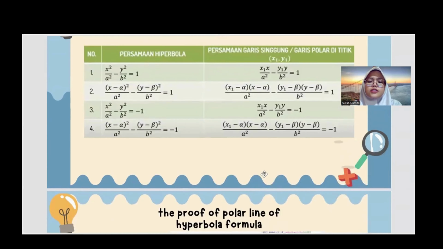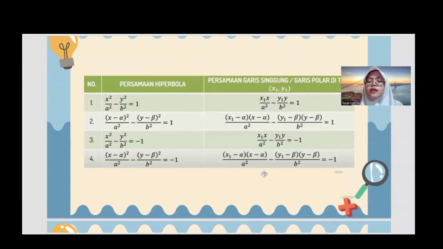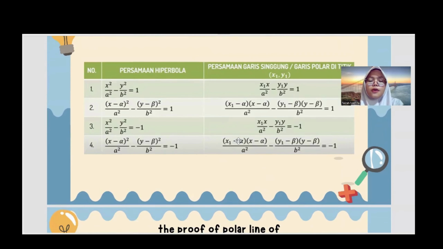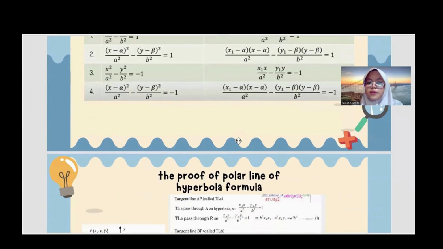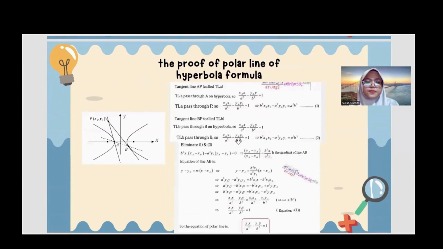Okay, so I already mentioned that the tangent line equation and the polar line equation have the same formula, but the condition is different. So how do we prove that these two lines have the same formula, the same equation? Look at this.